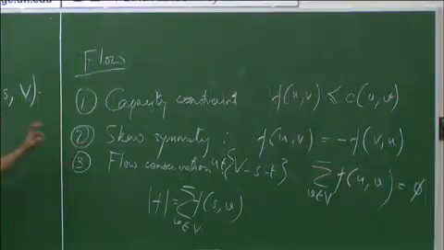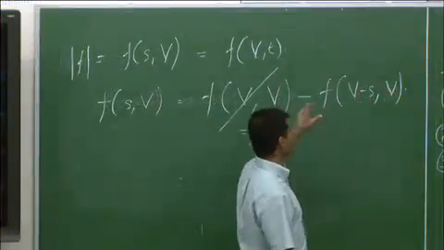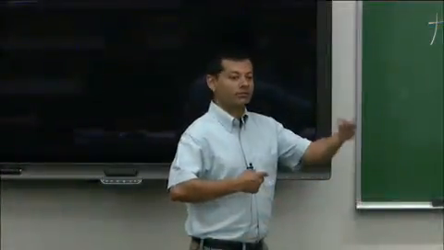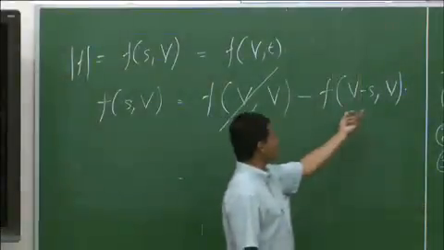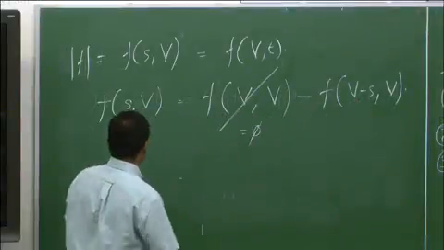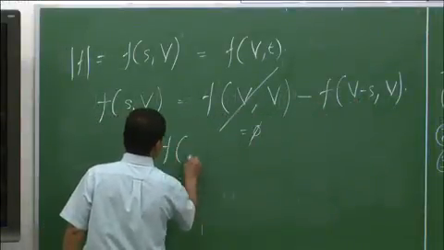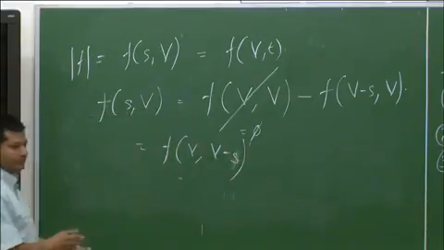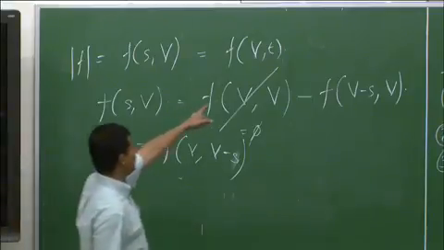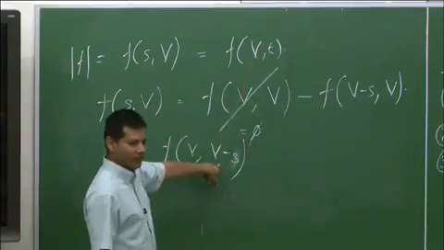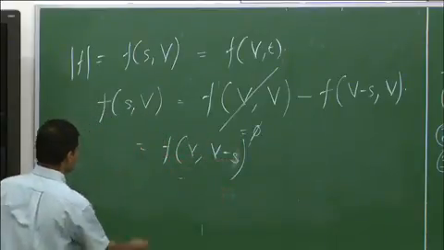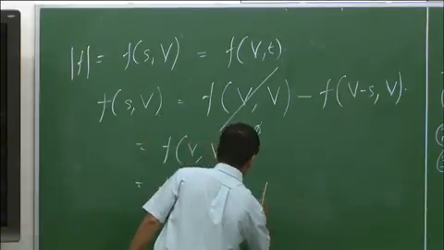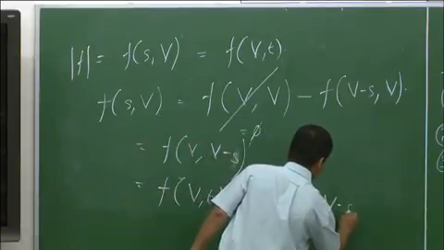And once again, because of skew symmetry, if I flip these two guys, I can remove the minus sign. Right? F u to v is minus of f v to u. So, if I flip these two, I'll be able to take the minus sign out. So, essentially what I am saying is that this is that. In my head, I am trying to show this. Right? So, now I have to play with this guy. So, I am going to take t out of that. So, I am going to split this up into f v t plus f v minus s minus t.